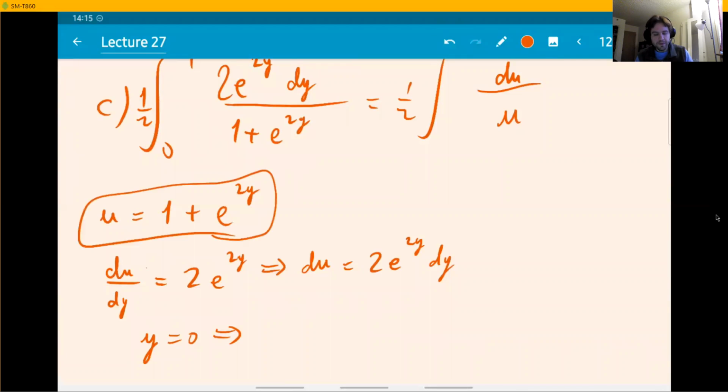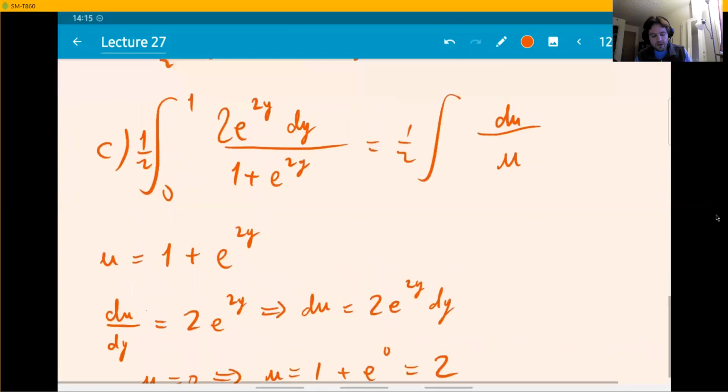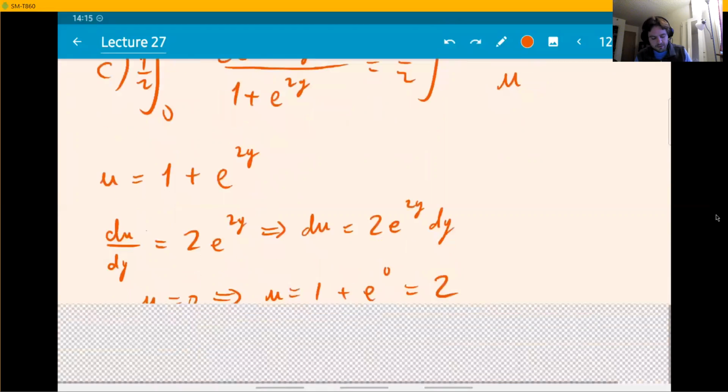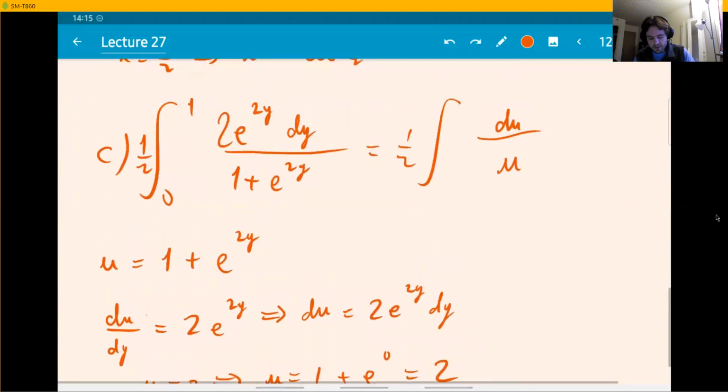Here is u. 1 plus e to the 0, that is 2. And when y is 1, u is 1 plus e to the 2. That's just a number that we leave like that. Ugly number. So the endpoints are 2 and 1 plus e squared.